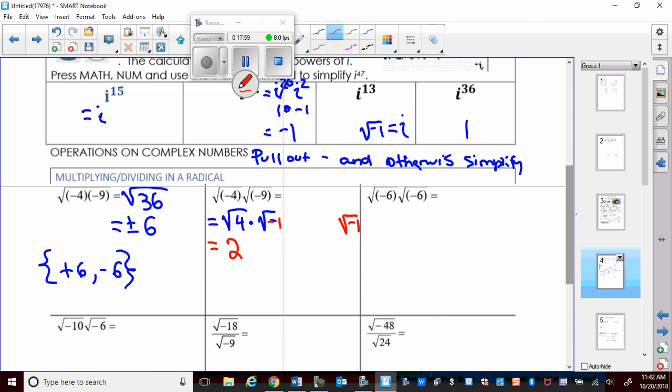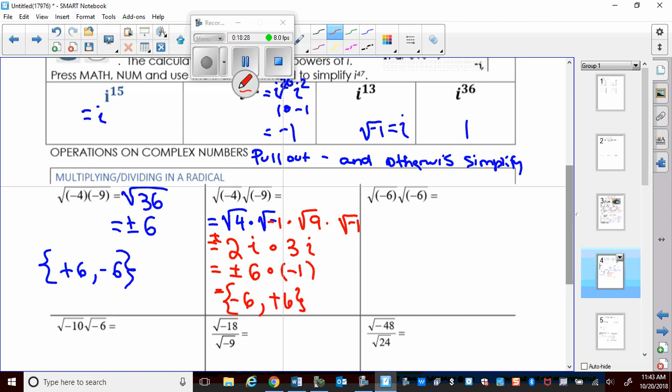So negative 1 times square root of 9 times that. I get 2i times 3i. That's going to give me plus or minus 6 times a negative 1. This equals, doesn't matter if it's negative, it's still going to equal negative 6, comma, positive 6.